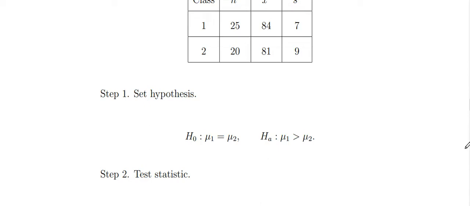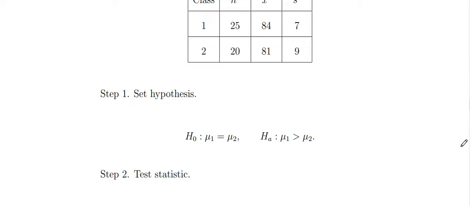Here mu1 stands for class 1 and mu2 for class 2. So this x1, like 84, is one exam's average. We can regard mu1 as the average for class 1.